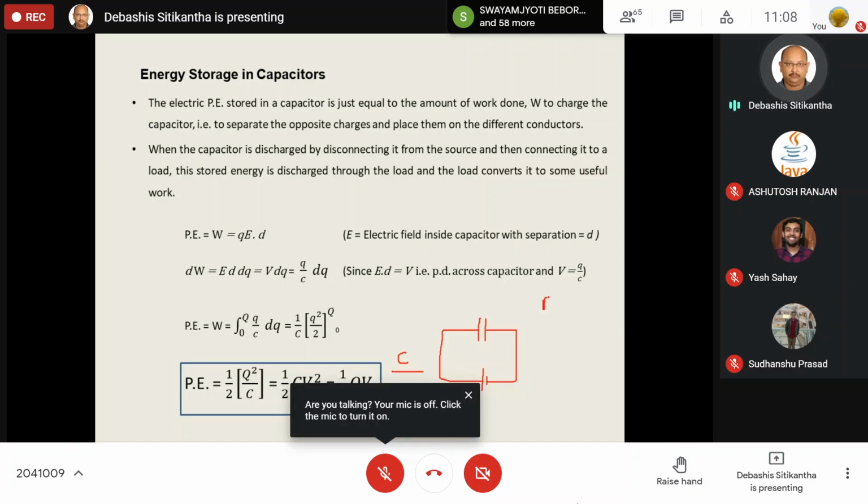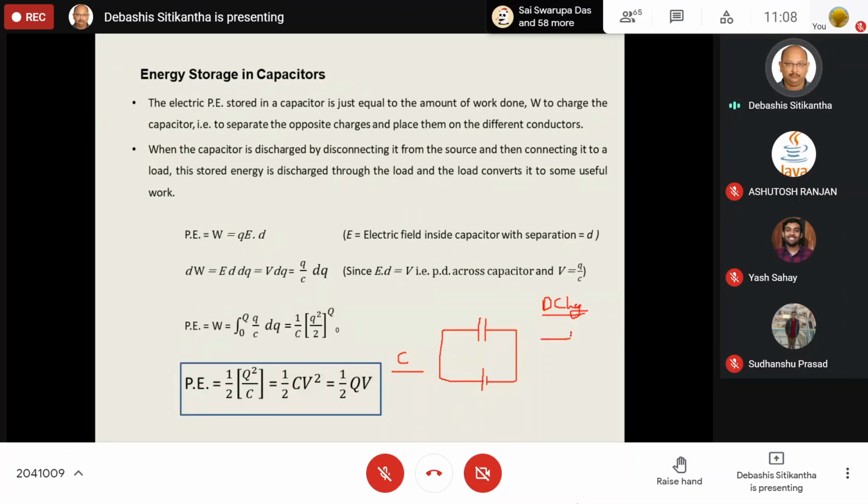Now let us talk about the discharging circuit of the capacitor. This is the discharging circuit I am going to draw. Once the capacitor is fully charged, I will remove this battery, and instead of that I will connect it to some load. Let us say I have connected it to an incandescent bulb, or a tungsten filament bulb.